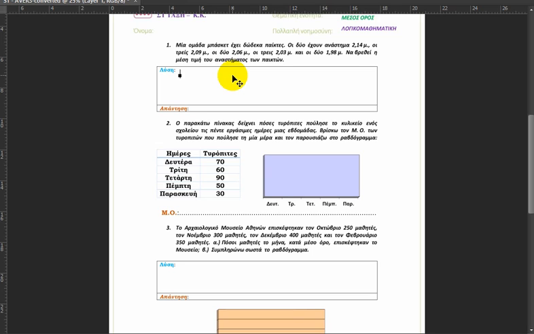So now I could write 2.14 plus 2.14. But there is a simpler way to write this, and that's going to come in handy further down the line.